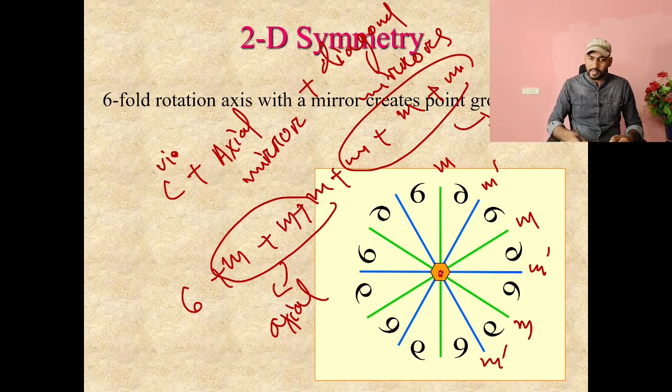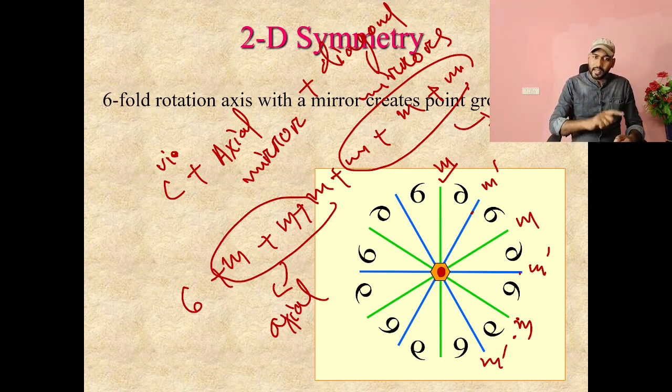Okay, C axis sixfold rotation, 1 mirror plane we started with. We resulted with 3 green mirrors, meaning axial mirrors, and 3 blue mirrors, meaning diagonal mirrors. So 6 mirror planes: 3 axial mirror planes, 3 diagonal planes.